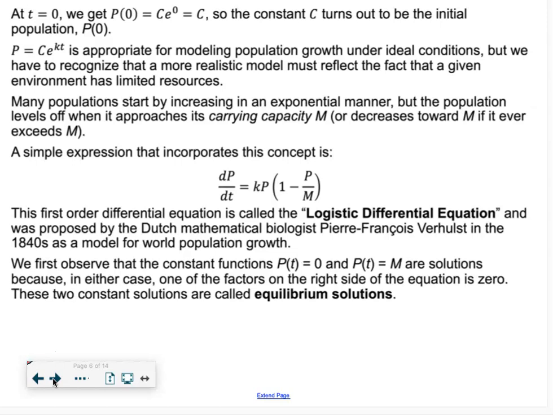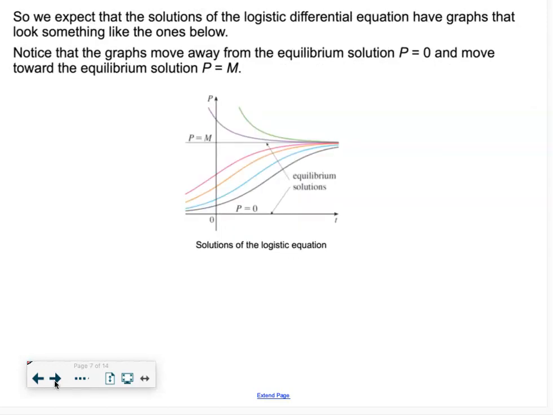So if your population is 0, then there's no growth. If your population is M, there's no growth. These two constant solutions are called the equilibrium solutions. No growth or decay just means your population is stagnant. It's not growing, it's not decaying, it's just staying the same, right? Equilibrium solutions.